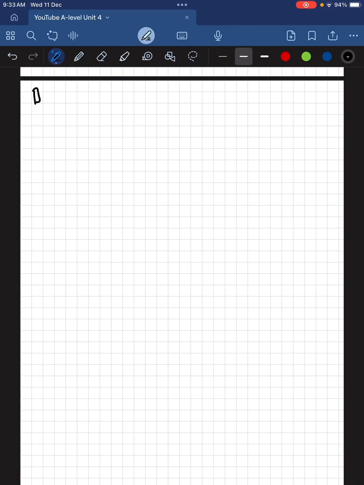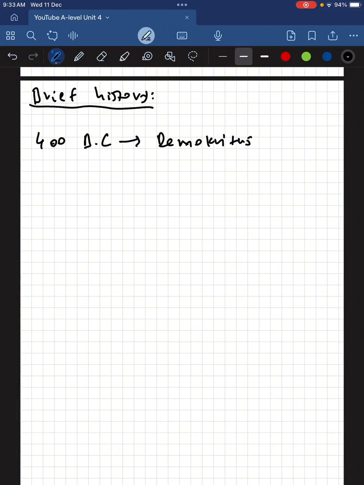So, brief history. As a Greek, I couldn't resist including 400 BC, where Democritus, a Greek philosopher, contemplated that there must be an atom.